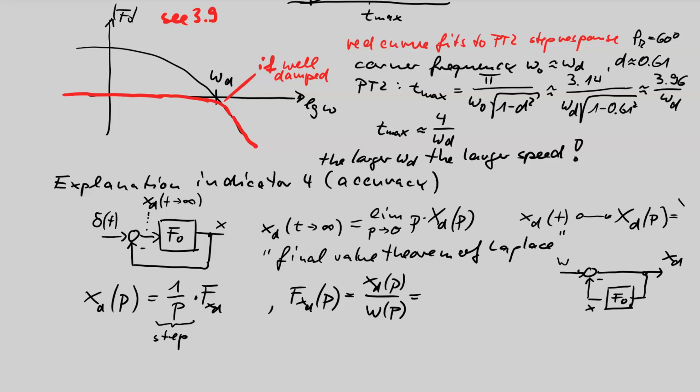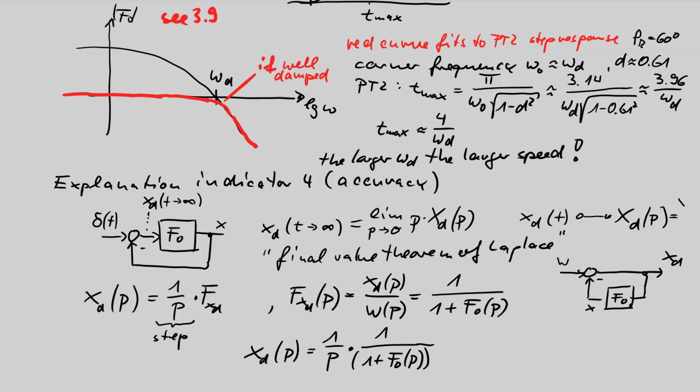And we can calculate this F_xd(p) by simplifying this signal block diagram. The simplifying rule, chapter 2, is 1 divided by 1 plus all functions in the loop, F_o(p). That means if I put this in this expression, we can calculate x_d(p) as 1 over p, the step function, multiplied with the transfer function 1 divided by 1 plus the transfer function of the open loop F_o(p).